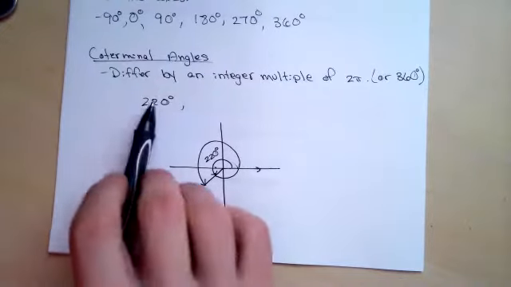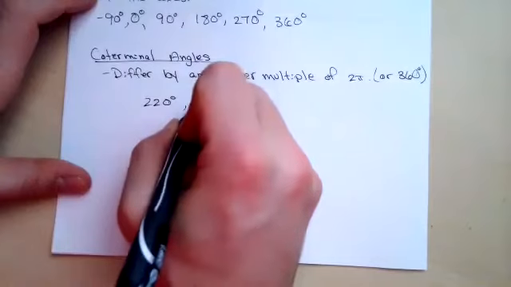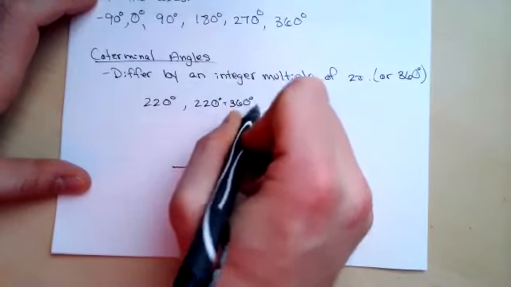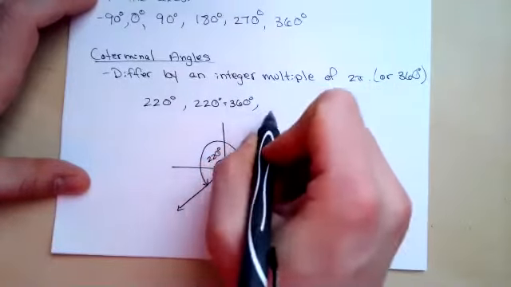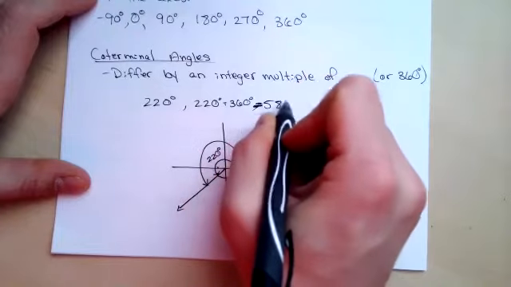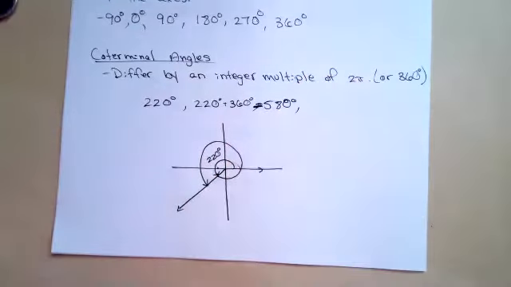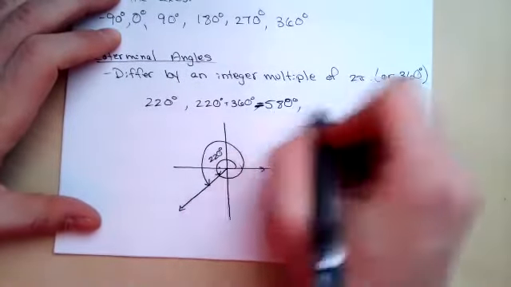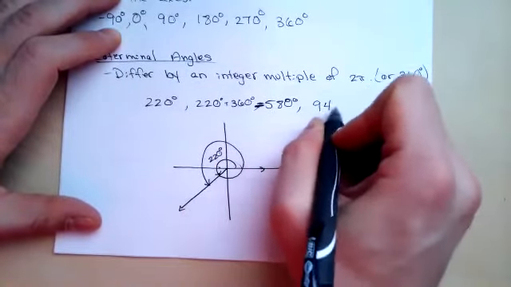So to find the next one, we would simply add 360 to 220. And so we would get, what is that, 580? And then we can keep going. If we wanted to wrap around again, we would add 360 to that, and we would get 940.